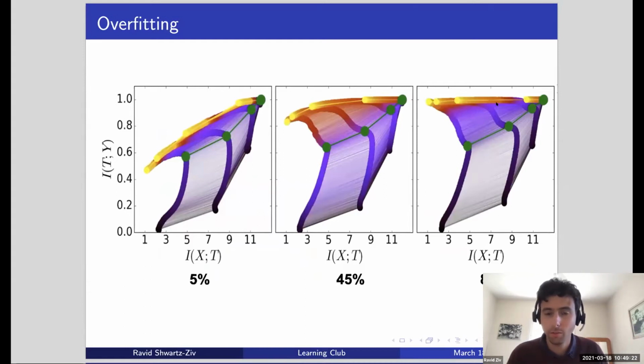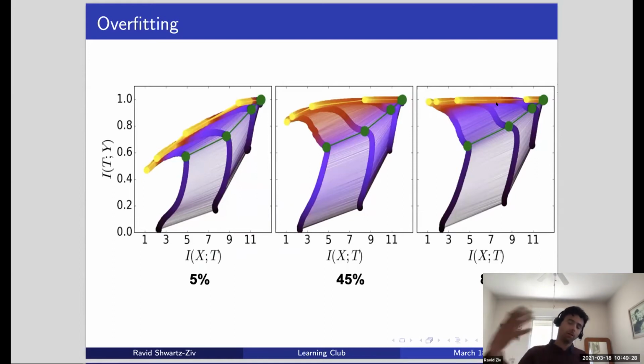Another thing that I wanted to show you is how overfitting looks in the information plane. We trained a network with 80% of the data, a network with 5% of the data, and one with 45% of the data. You can see that the first phase of fitting looks pretty much the same.